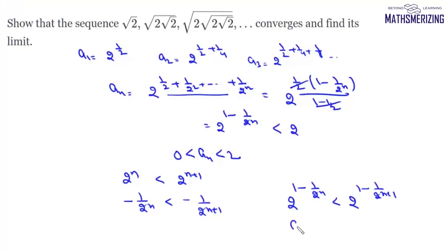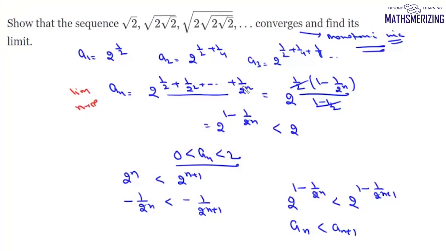That means an will be less than an plus 1, that is, the sequence is a monotonic increasing sequence. Now since the sequence is bounded and monotonic, from the monotone convergence theorem we can say that the sequence converges, and we need to find its limit. Now we'll take the limit as n tends to infinity.